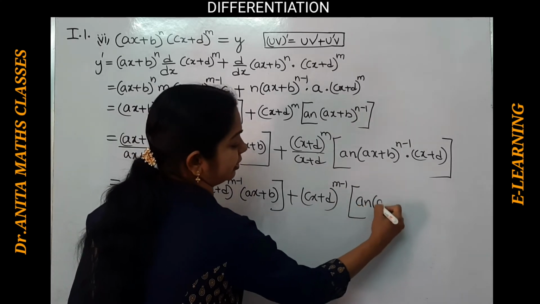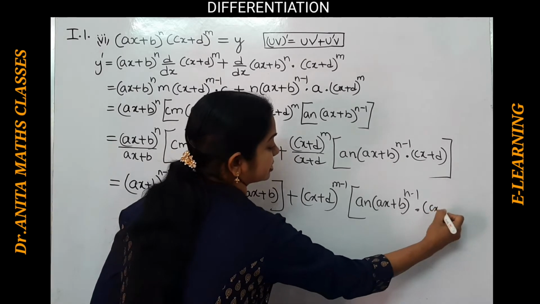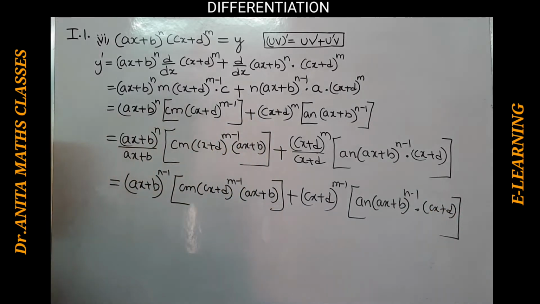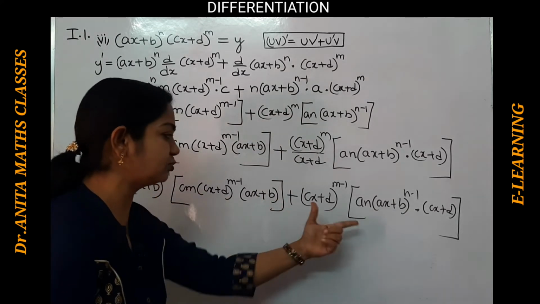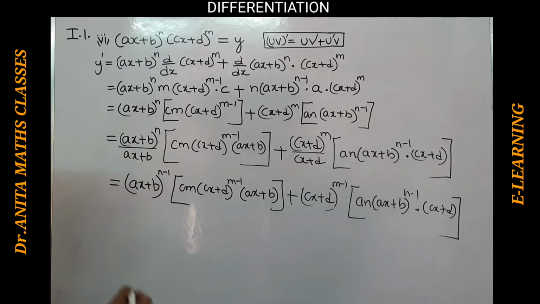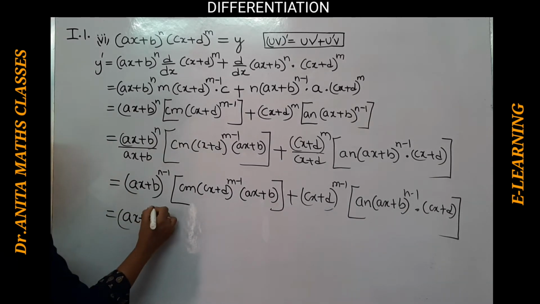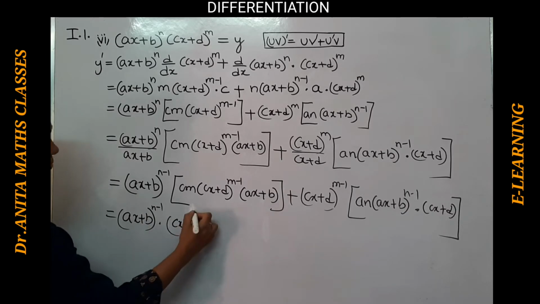So (ax+b)^(n-1) into (cx+d). Now let us take these both, these two, common outside. So that is (ax+b) raised to the power of n minus 1 and (cx+d) raised to the power of m minus 1.